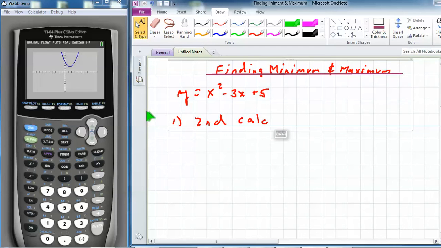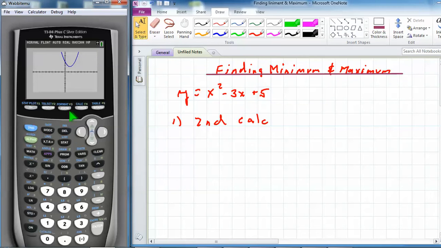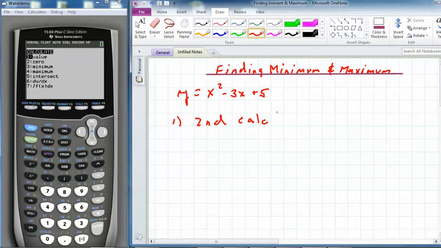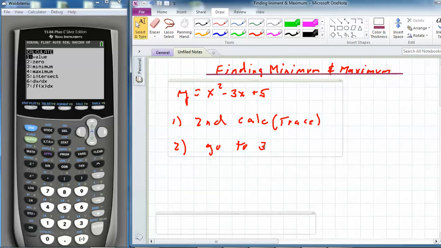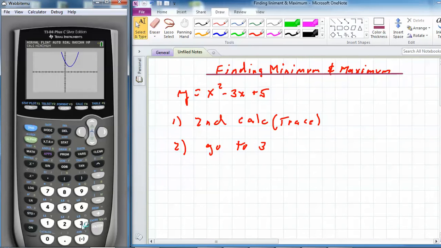So I hit second calc or second trace, and I'll put that in here in parentheses, trace. And then for the minimum, we'll go to number 3. Now, you can click 3 on your calculator, and it takes you right to it.